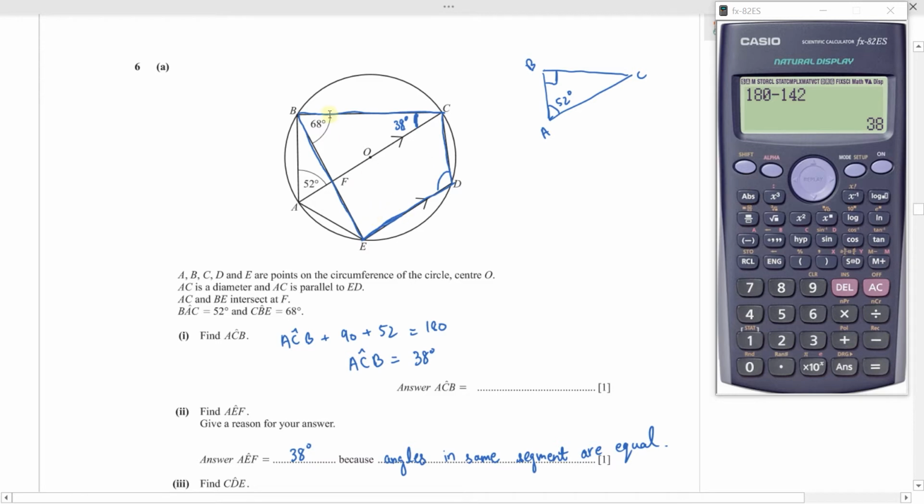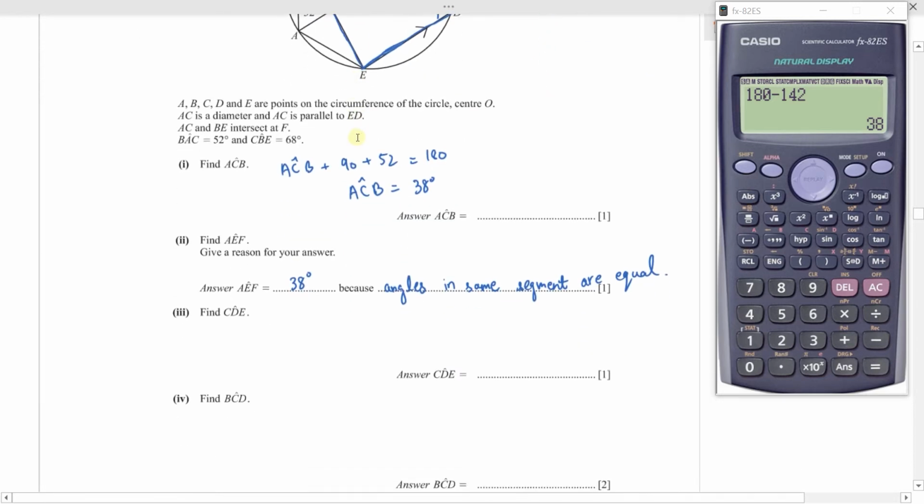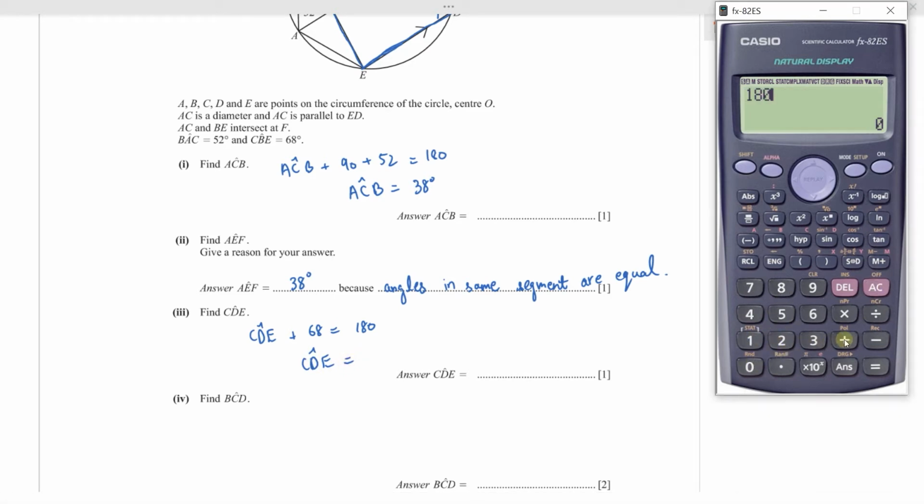So CDE plus 68 should equal 180. So angle CDE plus 68 should equal 180 degrees. So this will give you CDE will be 180 minus 68, which is 112 degrees. So your answer here will be 112.